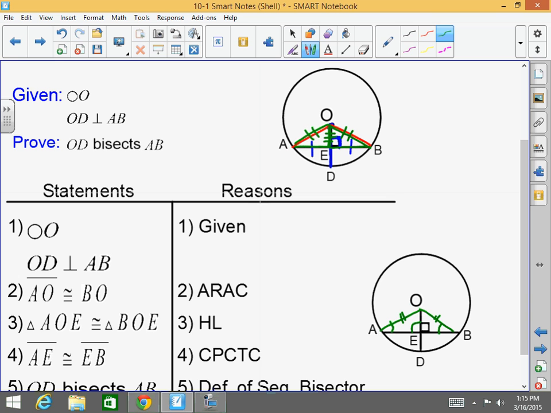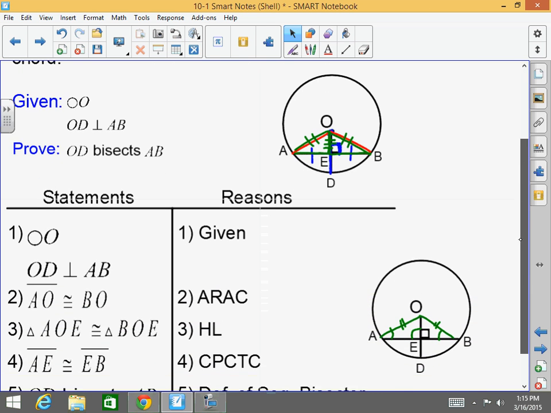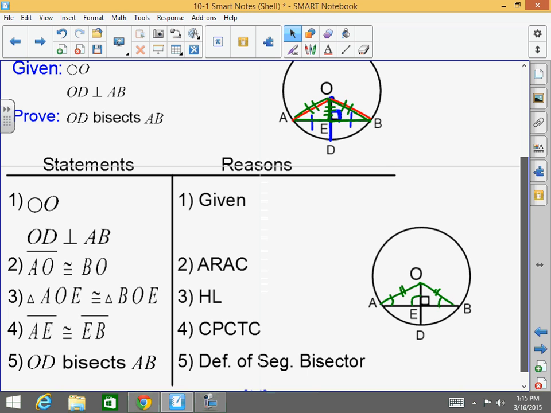Yes, but that's a more lengthy process. Okay, HL is a lot easier. So please, you can automatically use the radius-chord bisector theorem. For sure, guys. I'm just trying to explain to you why it is that it's there. So I'm going to prove all of the theorems that we're learning today. Okay? All right.